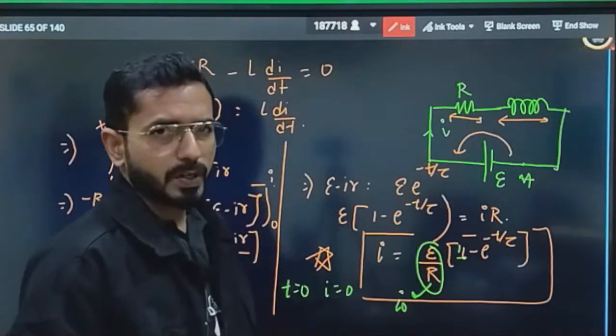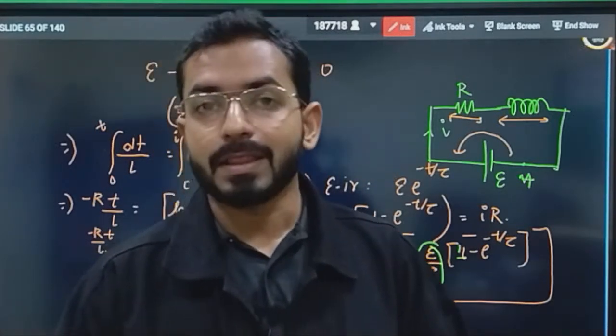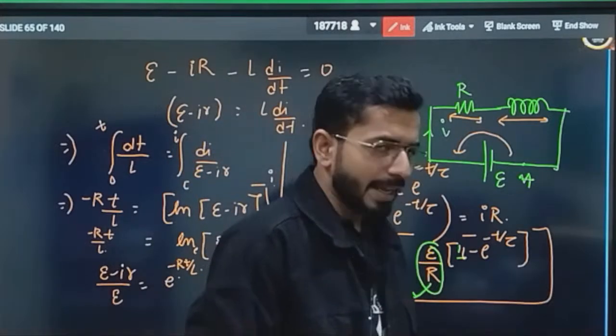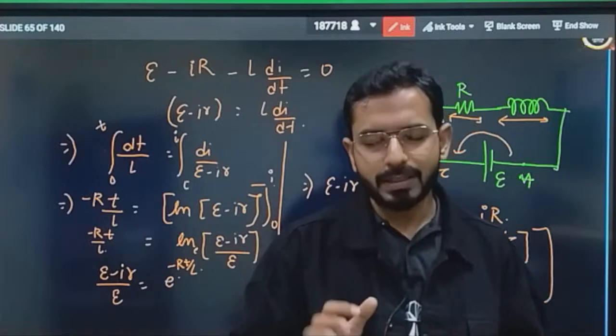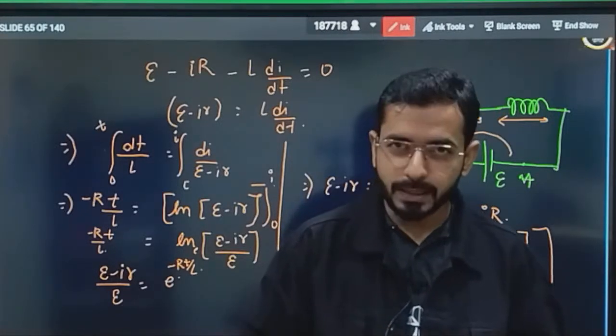That is a very obvious case also, because I have put in the limits. At t equal to 0, the current is 0. Clear? So I can say that at the initial time, the inductor is behaving like an open circuit, isn't it?